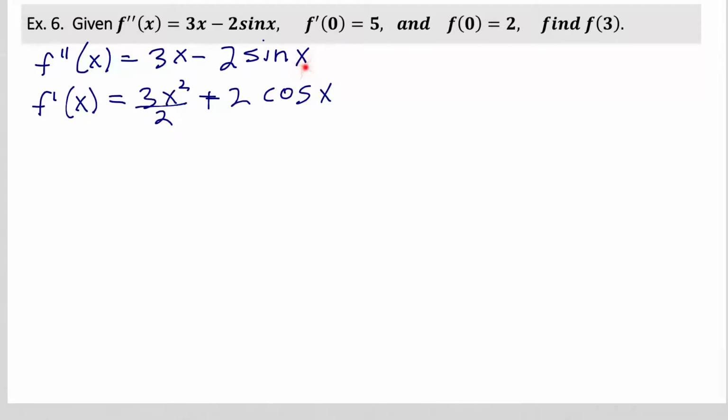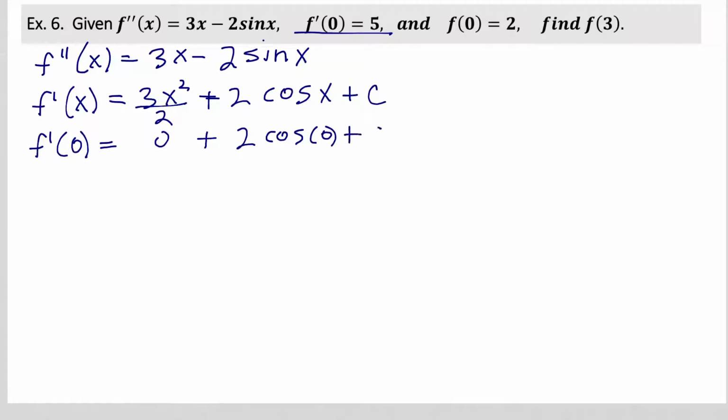All right, so now I need my c. Now I look at my initial condition so I can figure out what that c is. It says f prime of 0, so that would be 0 plus 2 cosine of 0 plus c, and that must be 5.